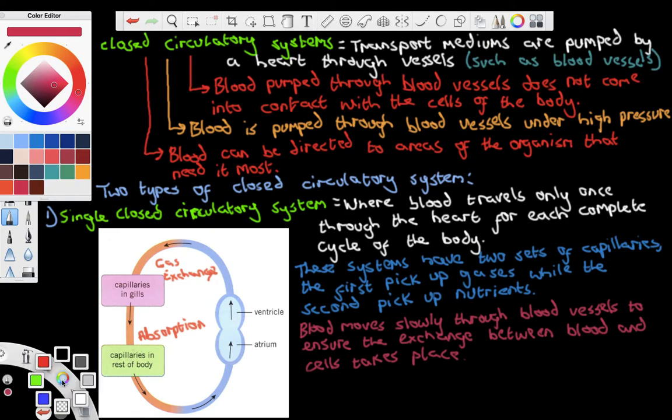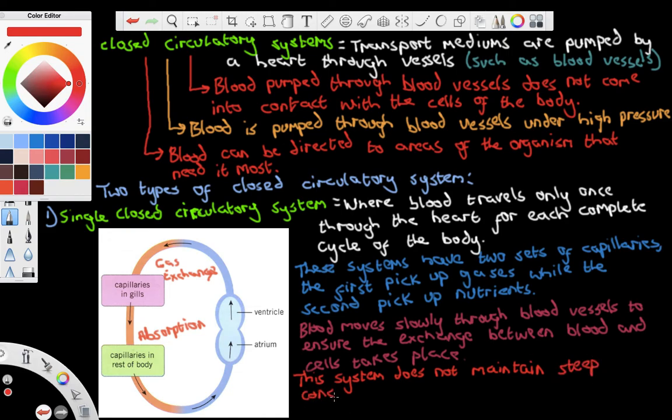So we can say that a disadvantage is this system, I'm putting it in red because it's important, this system does not maintain steep concentration gradients between blood and body cells.